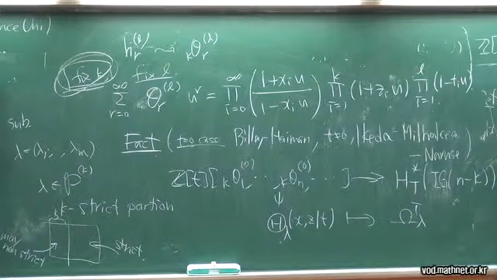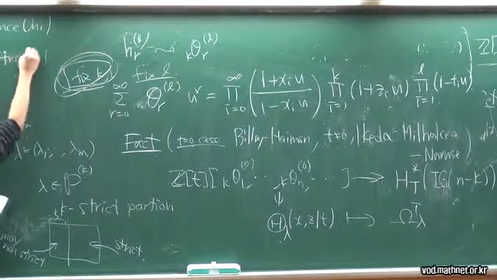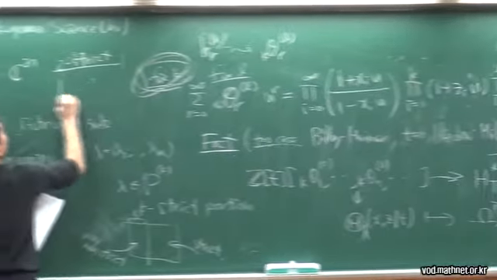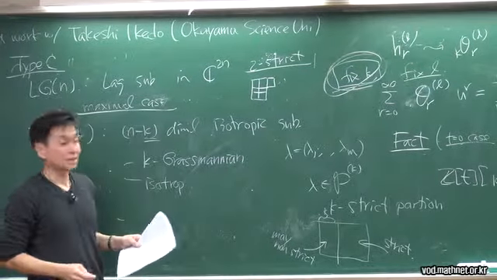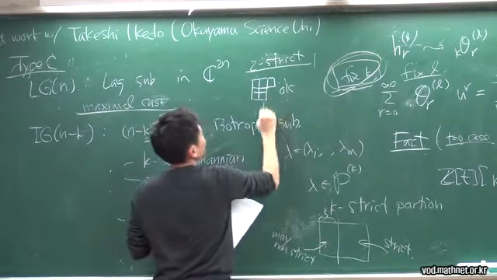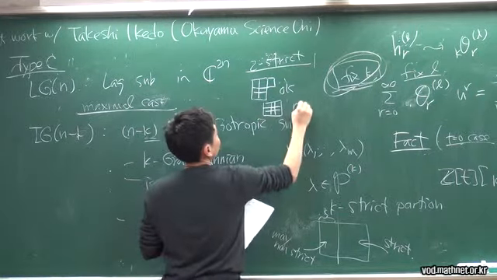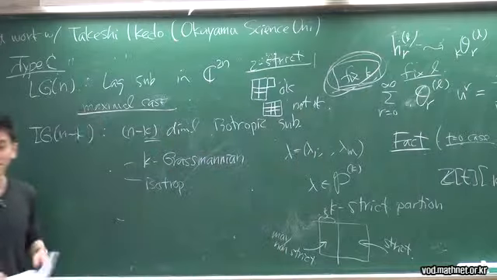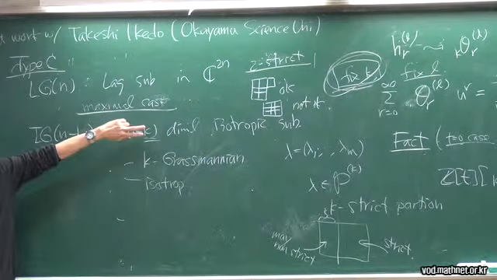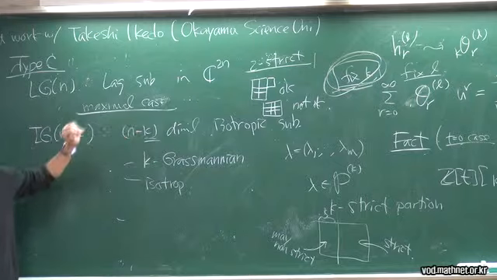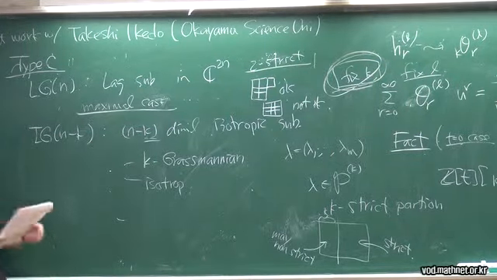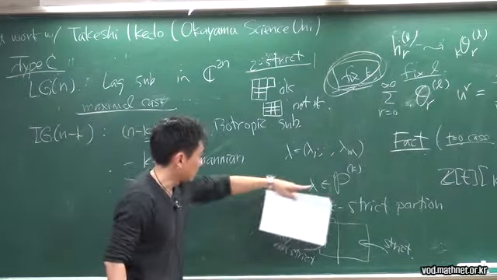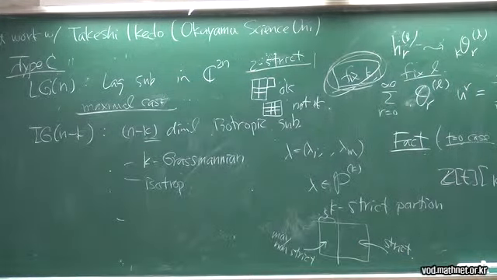So for k equals 2, you can have something like this. This is okay, but this is not okay, because the second row and third row, the number of boxes goes beyond 2, so it has to be strictly decreasing. So indexed by this k-strict partition, there's some polynomial here, and then it goes to the corresponding Schubert variety.